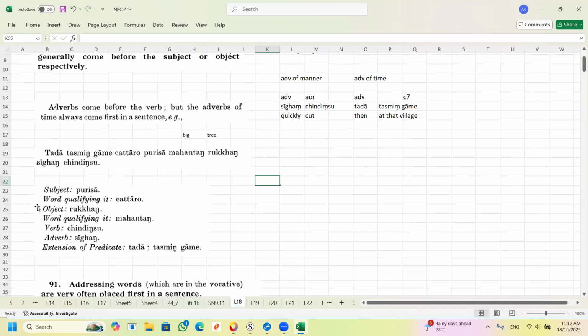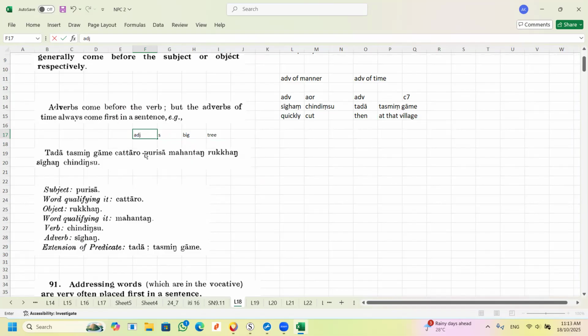And then they will explain to you: this is the subject, and then you say the word qualifying it. It's better to say that this is an adjective. I think you may be required to use the word qualify in your diploma, but for us, to make things simple, we say this is an adjective to this.